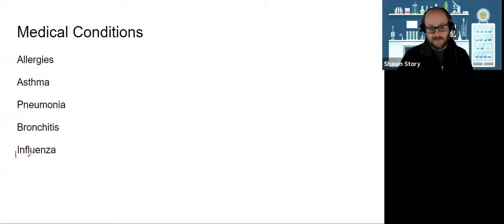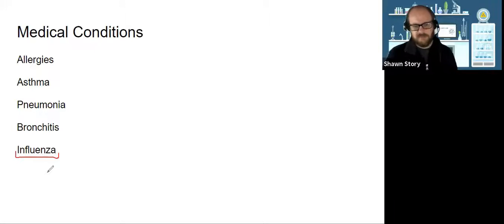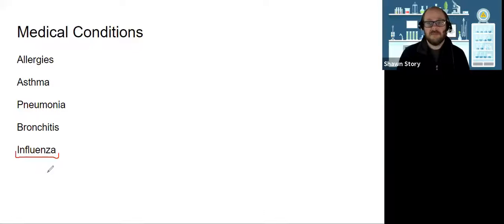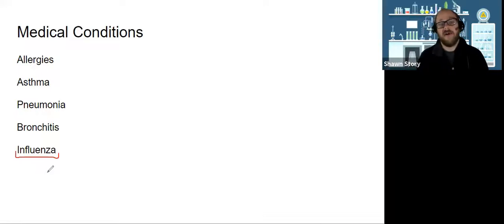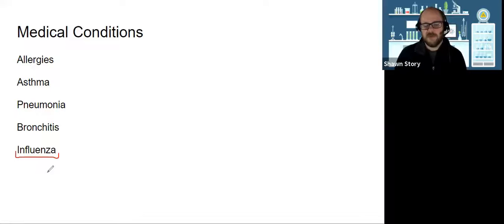All right, and then influenza is our other medical issue. How does influenza affect our respiratory system? When people get the flu or a virus like a coronavirus, like we're talking about right now with COVID-19, how does that affect the respiratory system?